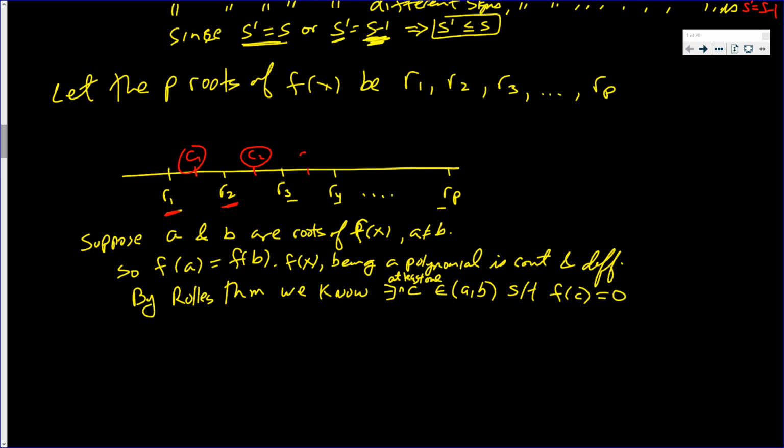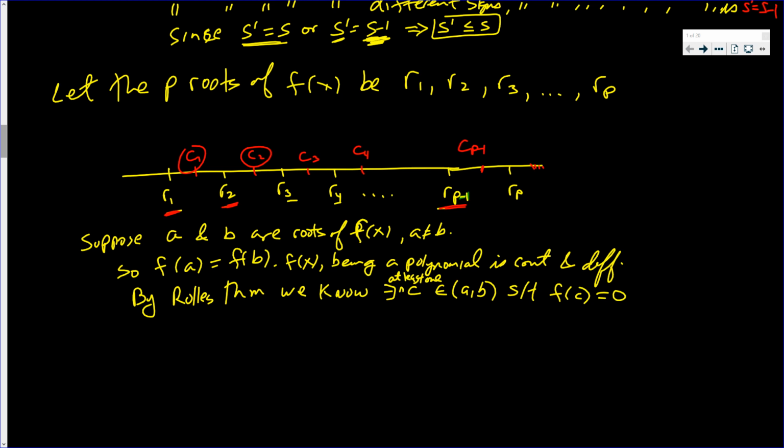To the right of R3, we're guaranteed a third root. Let me just write r sub p minus 1, and then r sub p. To the right of R4, we're going to have a fourth root. And to the right of r sub p minus 1, we're going to have a p minus first root. And there's no reason for there to be a root here.